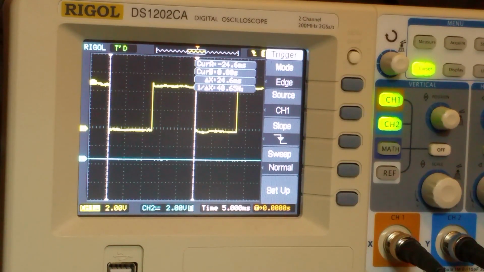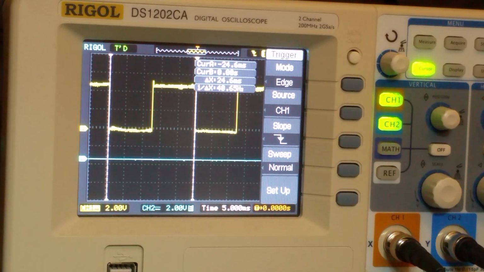So I have started the machine with the NOP sled running, so the CPU is just walking through all the NOP operations, and what you can see here now is A15, which is the uppermost address bit, if you don't count the bank.